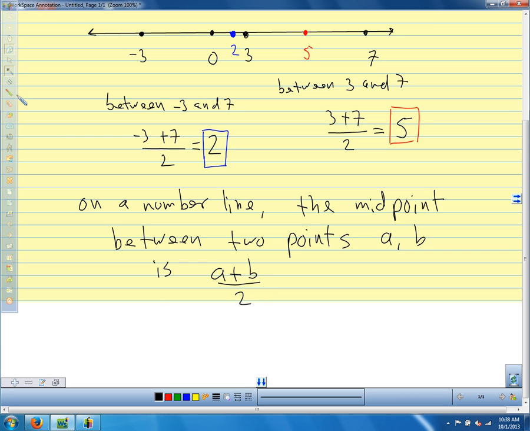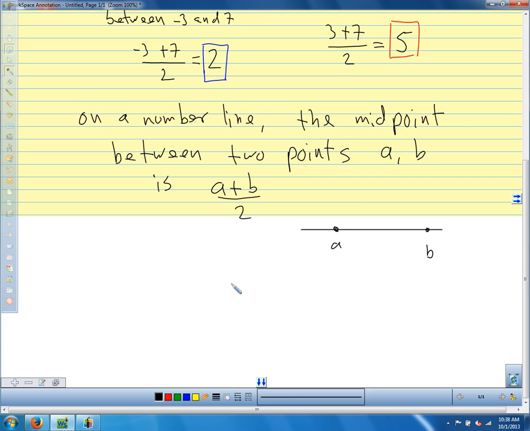And if I draw a picture here, here's my number line, here's A, here's B, and we say that our formula, if we think of it as a formula, M for midpoint, is A plus B divided by 2. And our midpoint would be that point there. So we find the average of those 2 points.